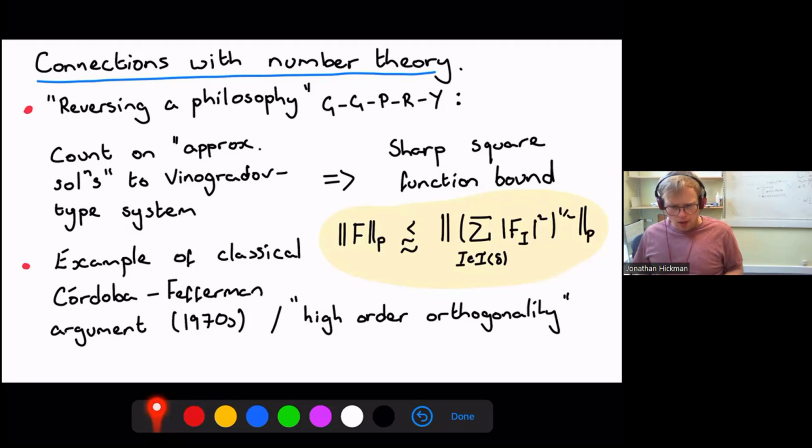This observation is really based on the tools that have been around since the 70s of Cordoba and Hickman, and uses what I'll call a higher order orthogonality argument. But it's quite nice to contextualize these methods in terms of these recent developments in analytic number theory. So this is the starting point for the investigations I want to discuss in this talk.